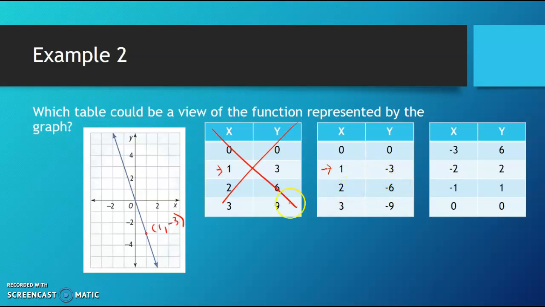So I'm going to check the next one. I'm going to go 2, and I'm going to come down here. And this point is that this is -4, this is -5, that's -6. So this is 2, -6. Now, just to make sure that this one doesn't work, so right now this point and this point are on my graph.